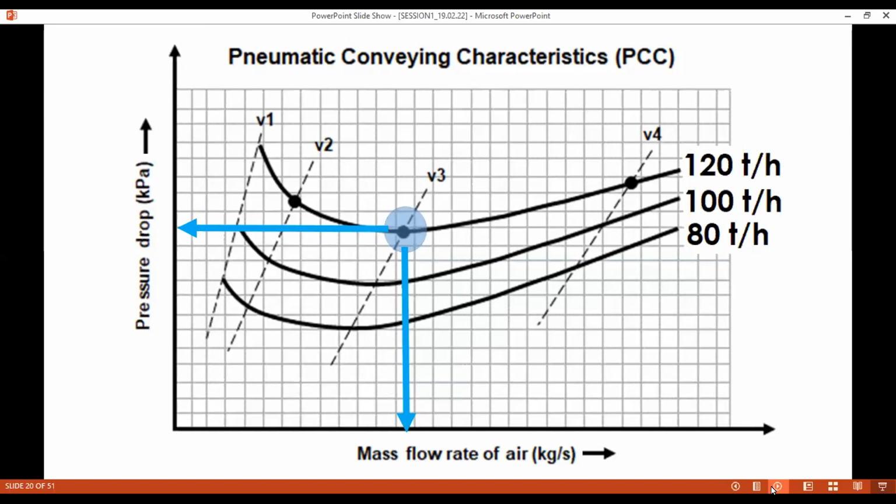If you do the calculations, you will get it like that. Okay, minimum pressure drop of air and a reliable mass flow rate of air, because you certainly don't want to operate everything at the blockage point. You need to give some margin for certain leakage or varying nature of the ash, etc.